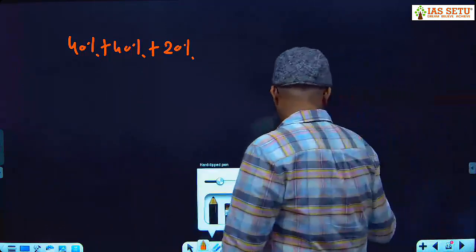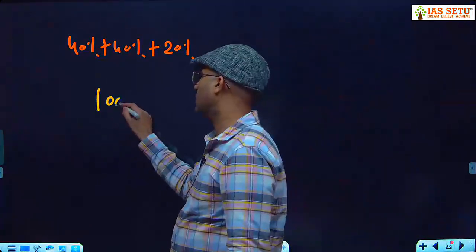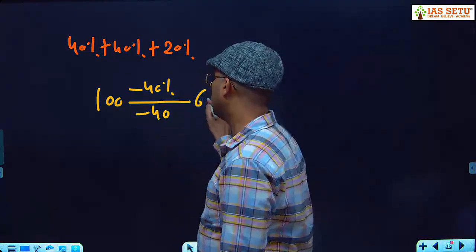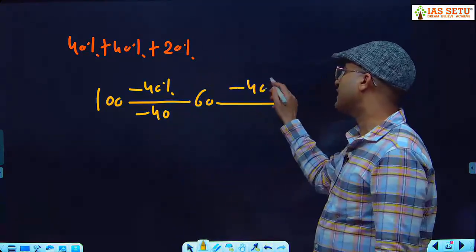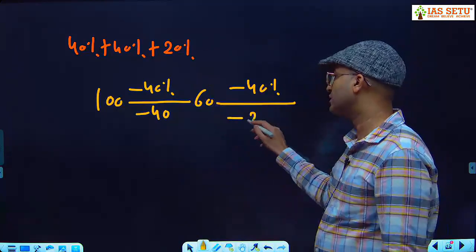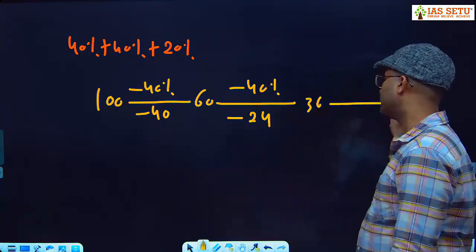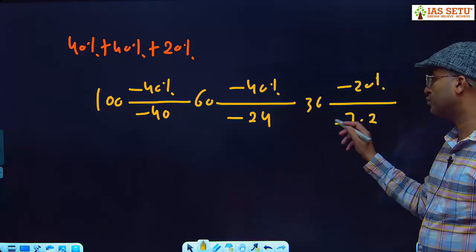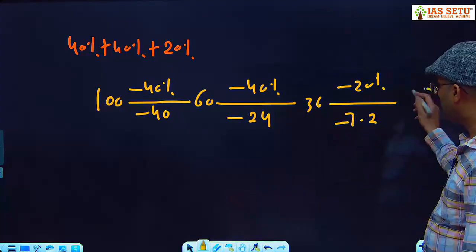So now here we start with 100. First discount 40%. Now it is 60. Second discount 40% on 60. What is 40% of 60? 24. So 36. Third discount on the successive value is 7.2. So here, what is this value?